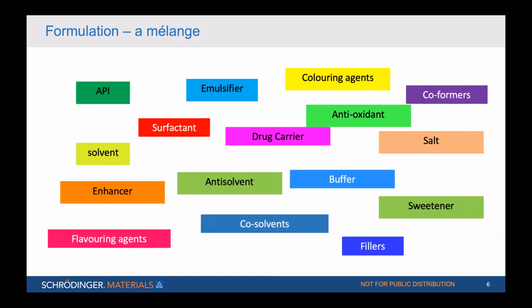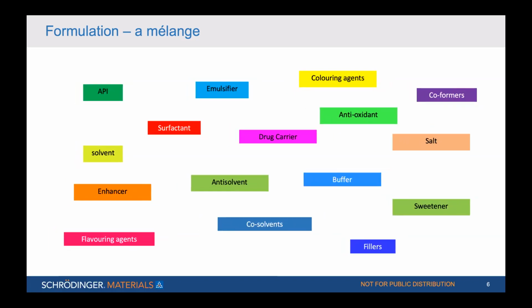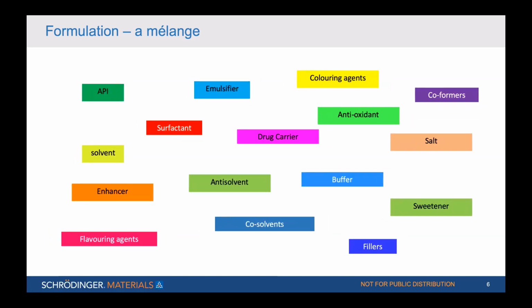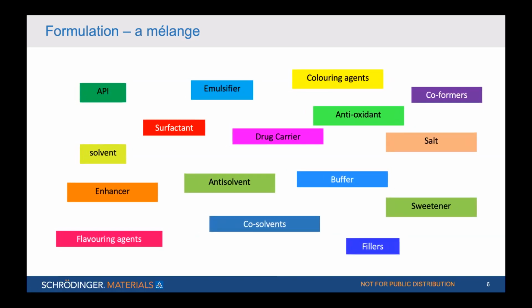Thanks to the modern day computational tools, we are able to quickly solve the problem of API binding to the protein structure. And even ADME properties are now very well parameterized thanks to tools like FEP plus, so that we can have multiple molecules in the pipeline. So the one molecule that can pass through all the filters and come up with a lead molecule or IND molecule, that part is very well stabilized now.